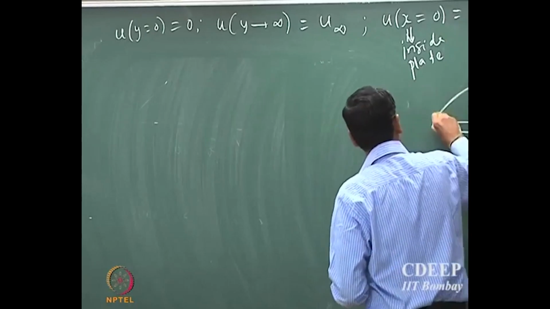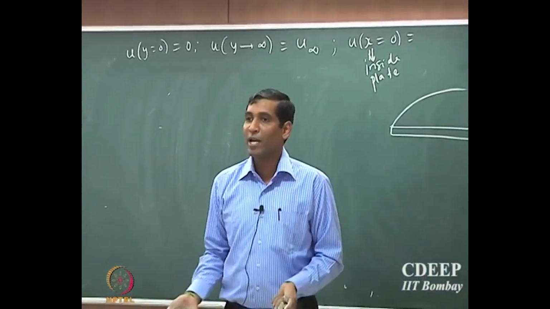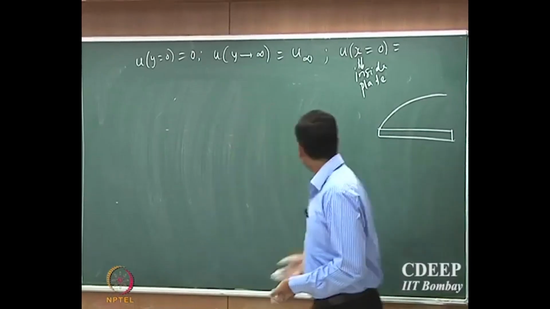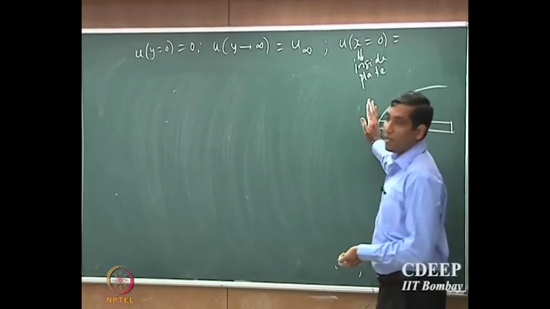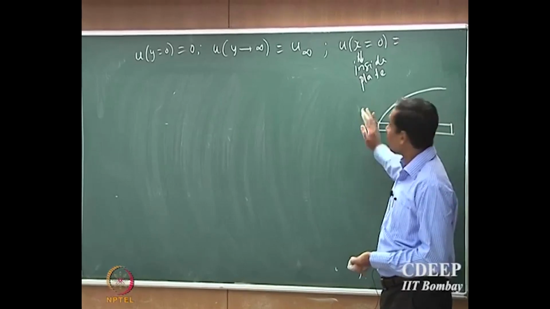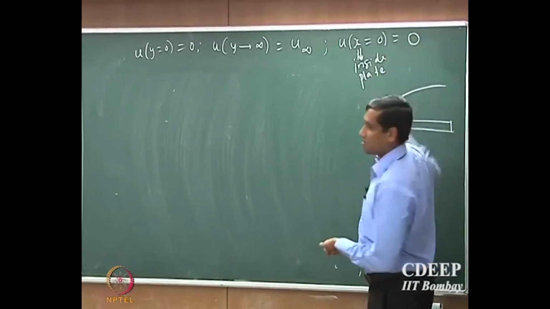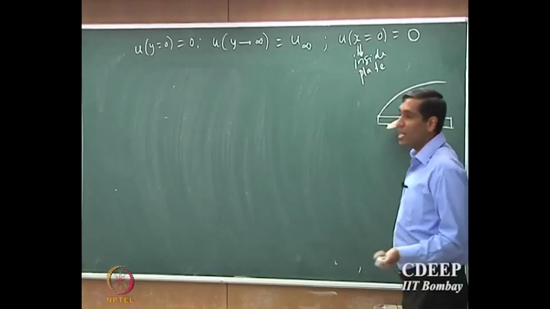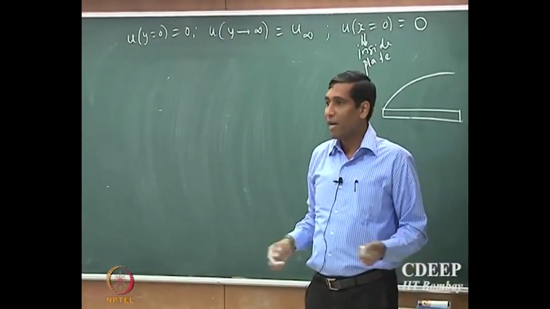So remember what happens at the edge of the plate, the fluid suddenly comes to rest. Both the x component and the y component velocity are 0 in all directions, because the fluid is suddenly experiencing the flat plate, and so just inside the flat plate the fluid has come to complete rest at the boundary. So therefore u at x equal to 0 inside the plate has to be 0. You cannot be moving. If it is moving, then there is no meaning to have a plate here, which means that it is a frictionless plate. Why?